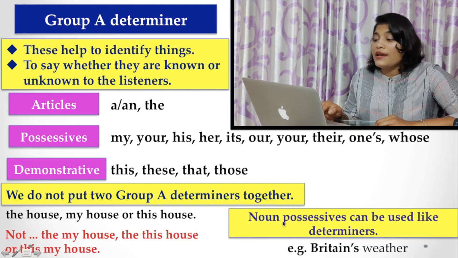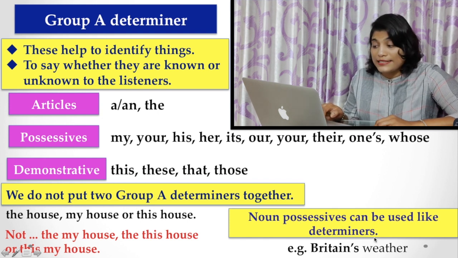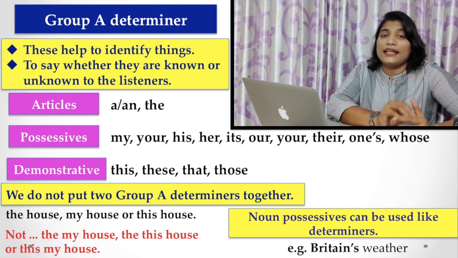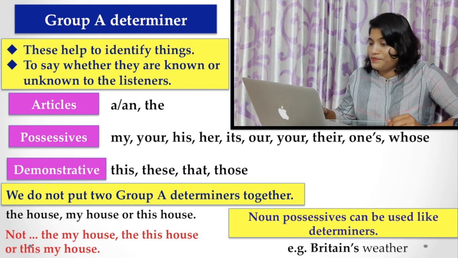Now, some noun possessives can be used like determiners. For example, Britain's weather. Here, Britain's is a determiner and that is a noun possessive.